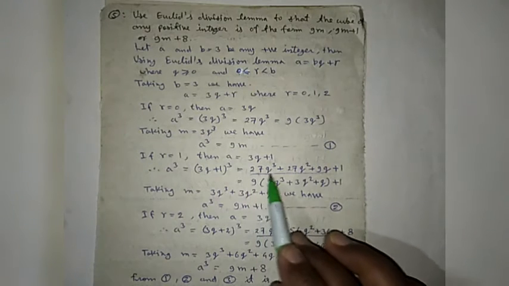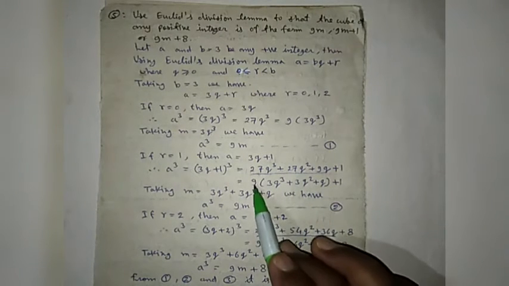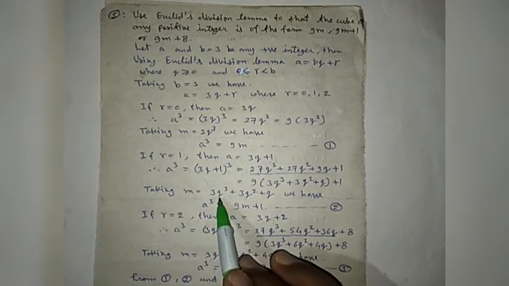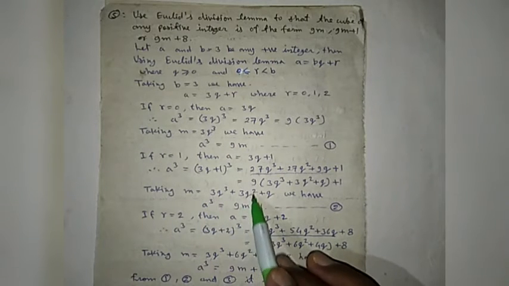So taking 9 common in the first 3 terms, we get it is equal to 9 into bracket 3q cube plus 3q square plus q, and plus 1. So taking m equal to 3q cube plus 3q square plus q, which is in the bracket, here we get a cube equal to 9m plus 1.